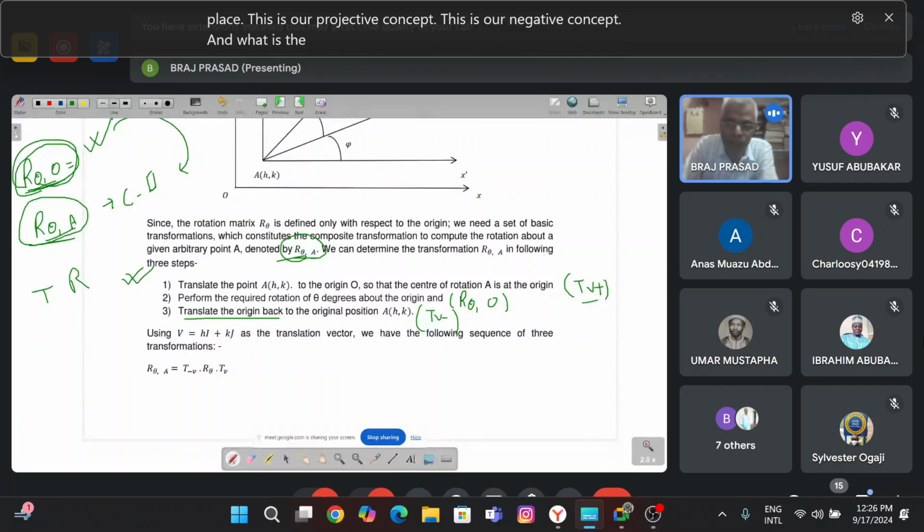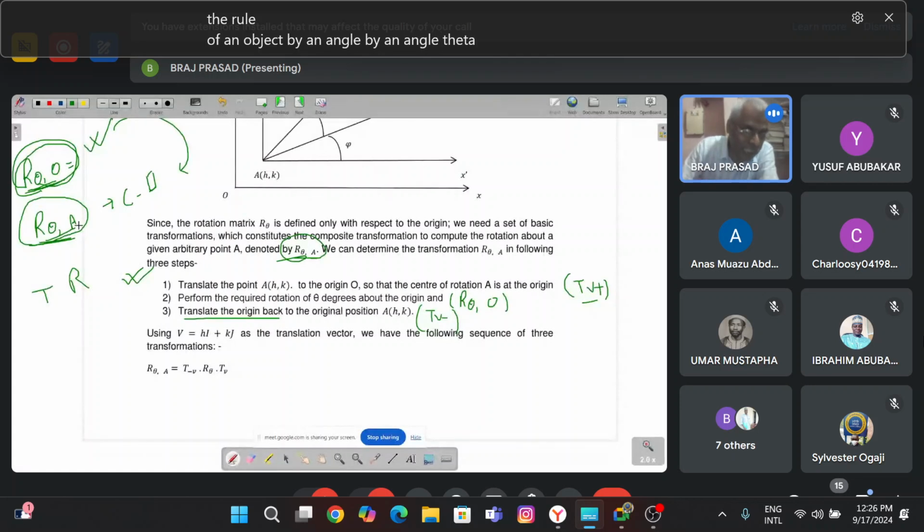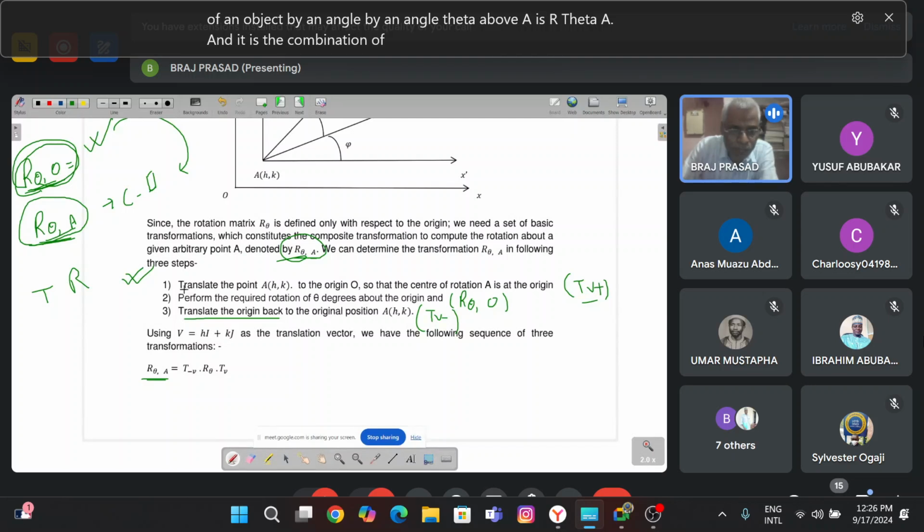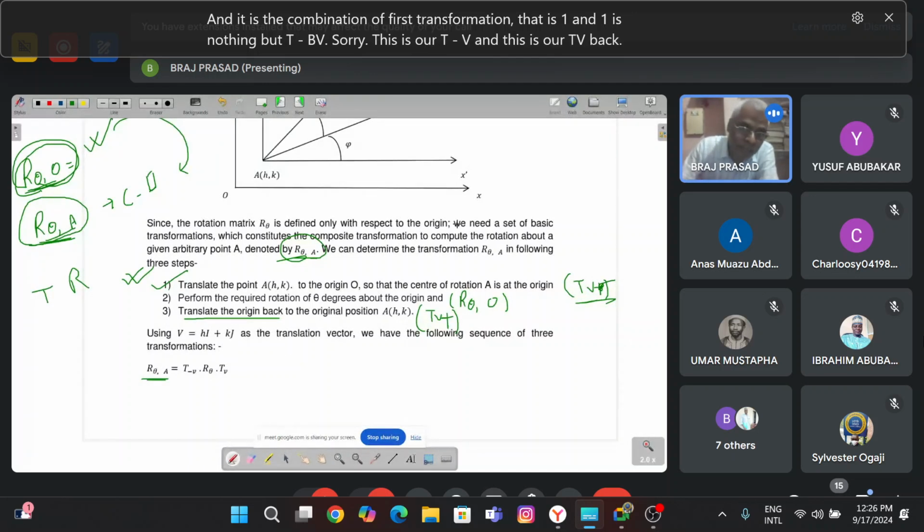And what is the formula of translation? We know. So to find the rotation of an object by an angle theta about A, r theta A, it is the combination of transformations: first is t minus v, and this is our t plus v. We move the point to the origin. So first is t minus v, and after translation we rotate by an angle theta.